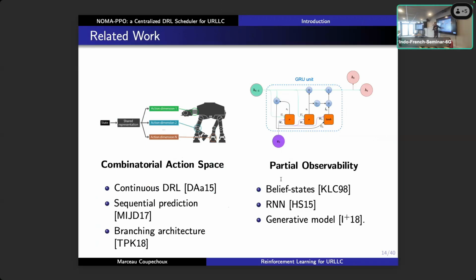And for partial observability, if you look in the POMDP theory, the basic approach is to work with belief states. So you don't know in which state you are, but you have a probability distribution over the states. But working with belief states assumes that you know the model.